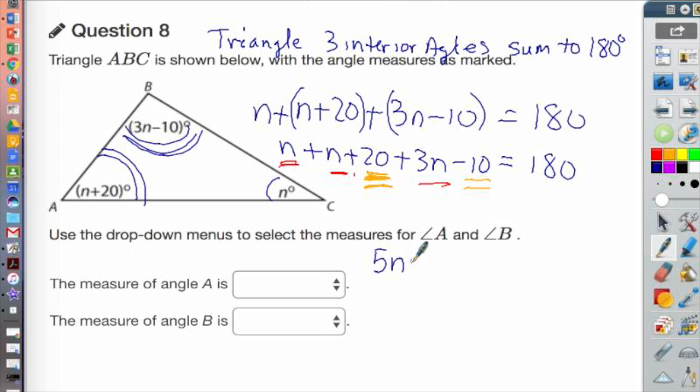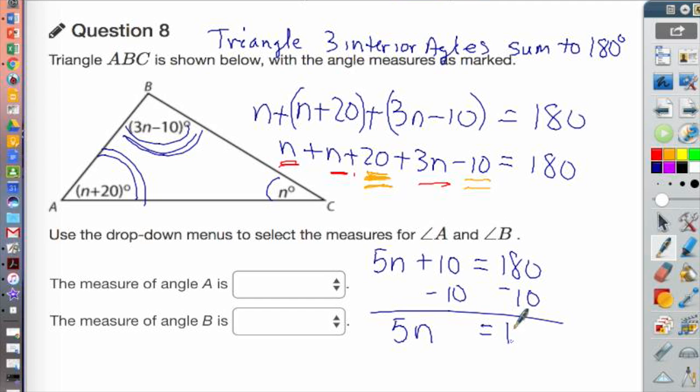And we have 20 minus 10 is plus 10 equals 180. Subtract 10, and I get 5n equals 170. I'm going to divide by 5. And finally, I'm going to get n equals 34. 5 goes into 15 3 times, and 5 goes into the remaining 20 4 times.